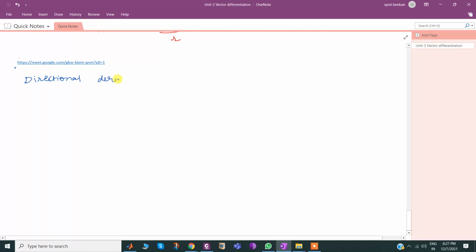Directional derivative. In this, a surface will be given to you, and the gradient at a particular point is to be calculated first.